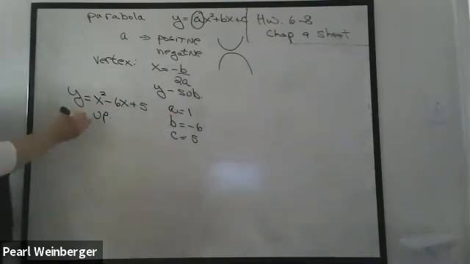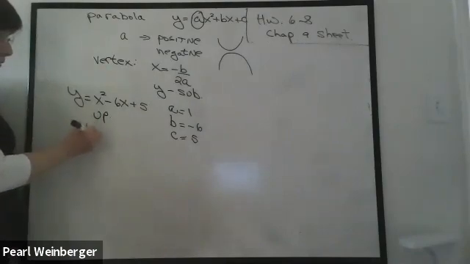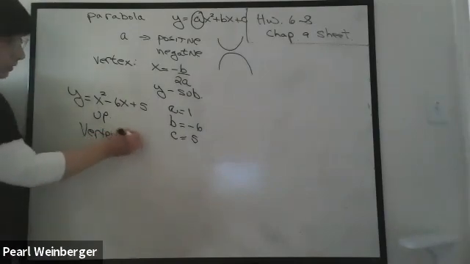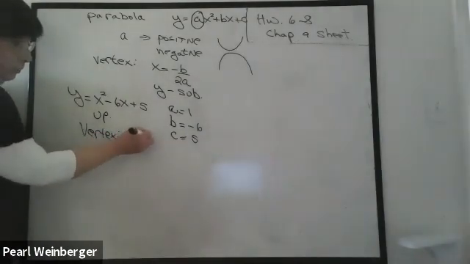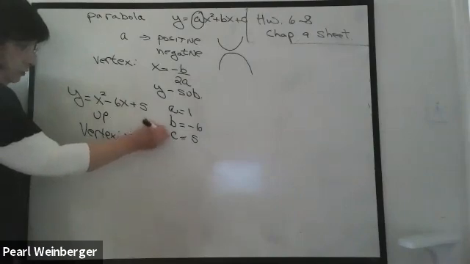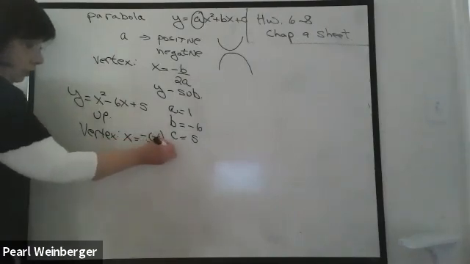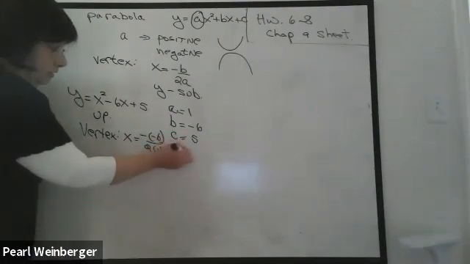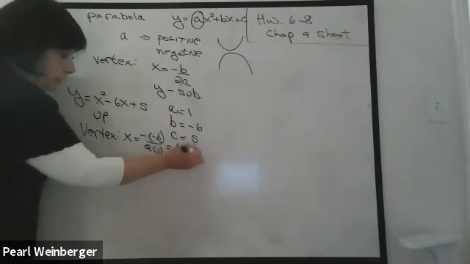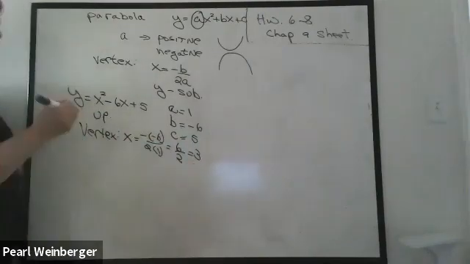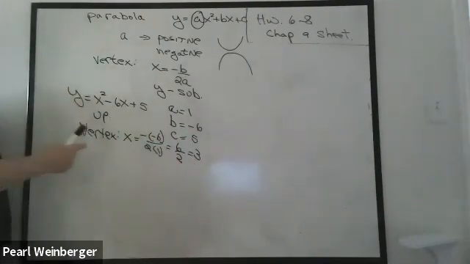To find the vertex, I'm going to put x equals -b, which is -6, over 2a, so it's 2 times 1, which gives me +6 over 2, or 3. The x value of the vertex is 3.